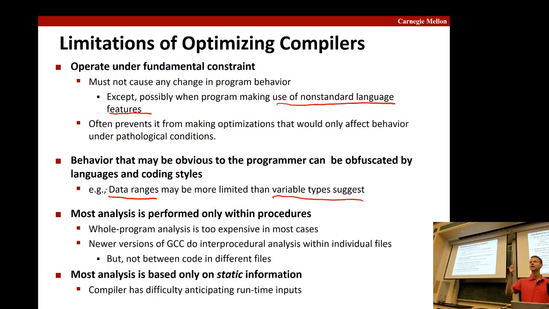If I compile a C file that's part of a larger program, the compiler may not have visibility to those other files. And even if it does, the analysis gets more and more expensive depending on how many pieces you bring in. If you have 10,000 lines of code and you're asking the compiler to do some analysis across 10,000 lines of code in order to do some optimization, that's, as you can imagine, incredibly expensive.